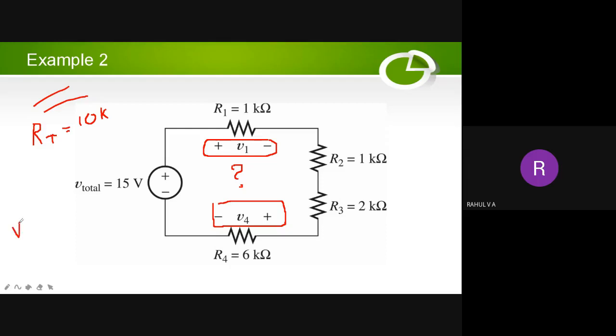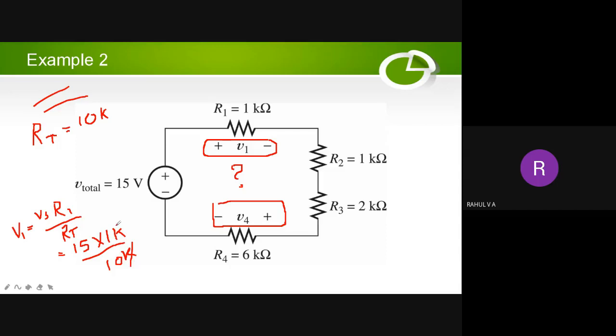Now voltage across V1 is equal to total voltage Vs into R1 divided by RT. So what is the answer? 15 into 1K divided by 10K.